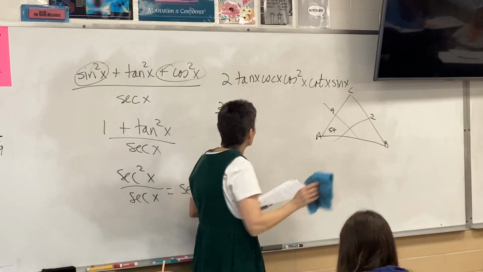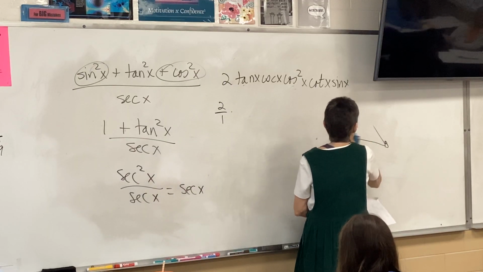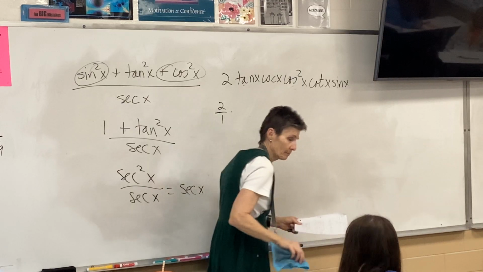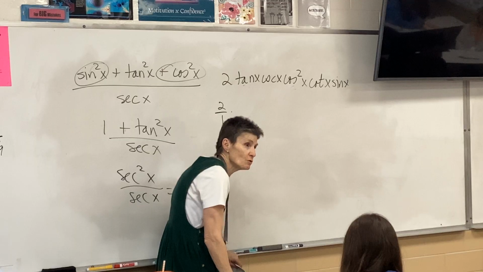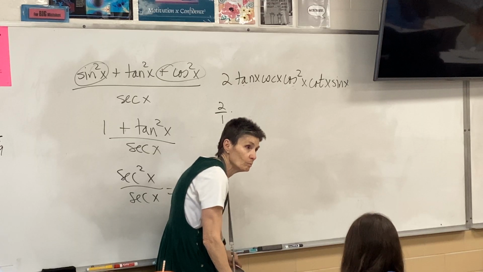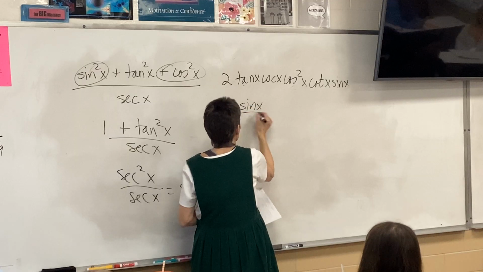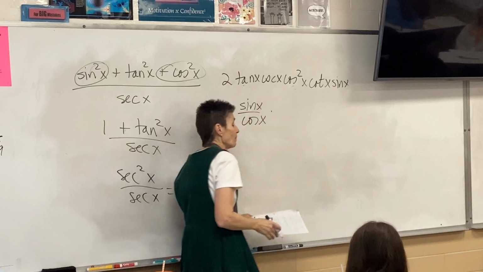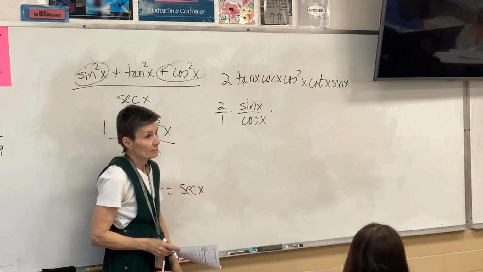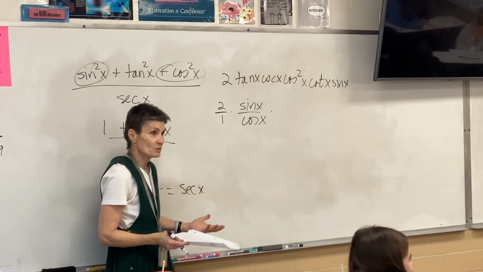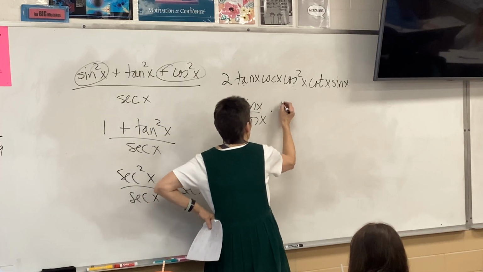Can't do much with that. What is tangent? Sine over cosine. Maybe you should write this down since you have a problem getting your homework done. How about cosecant? What's cosecant? 1 over sine.